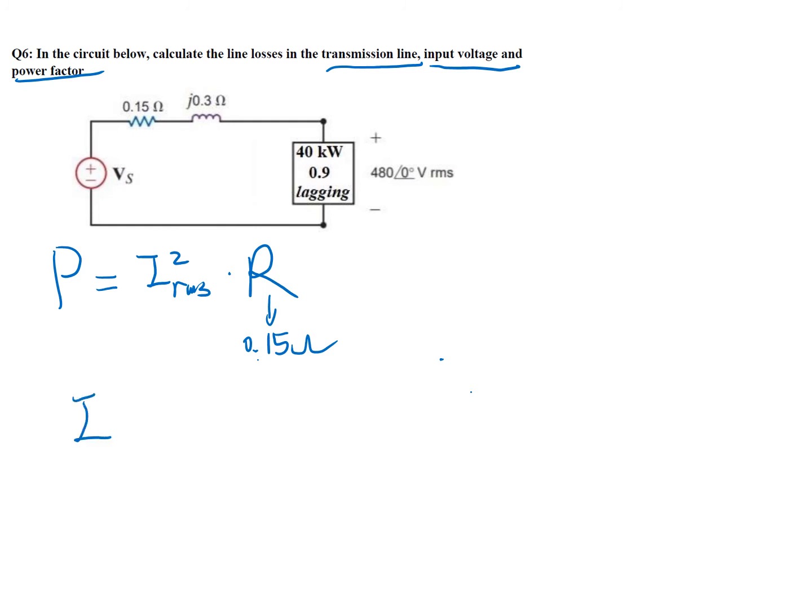The current is the same throughout the circuit because everything is connected in series. So we can calculate the current from below here. I is equal to PL over VL times the power factor.